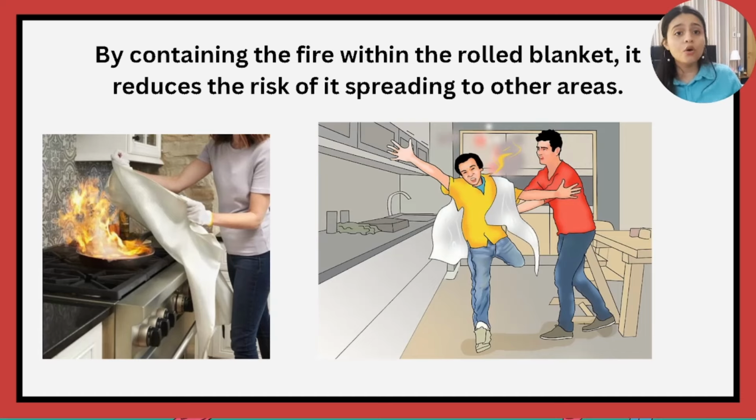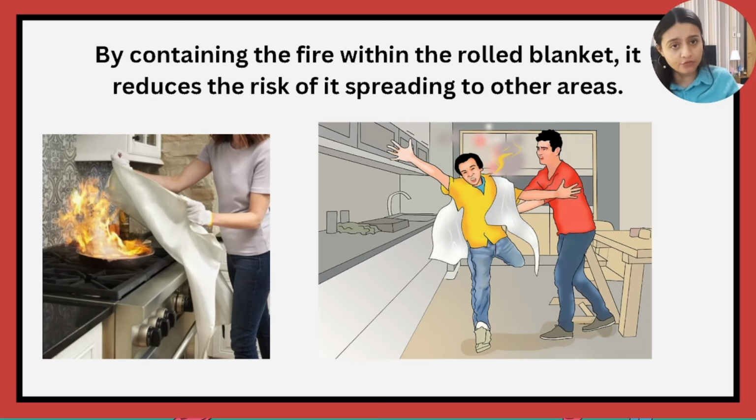So what are you going to do in order to save yourself if you catch fire? What will you do? Put water? No. Never ever spill water, because water also consists of oxygen, and instead of stopping the fire, it will facilitate the fire more.